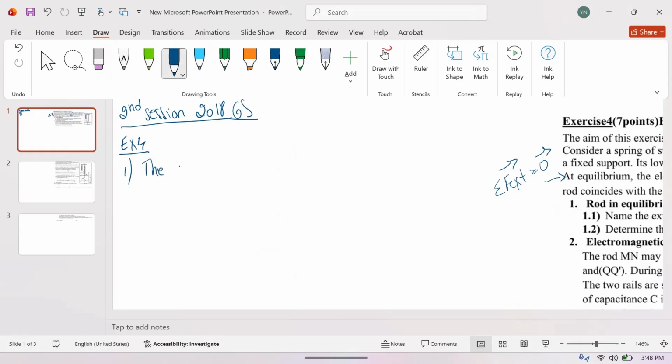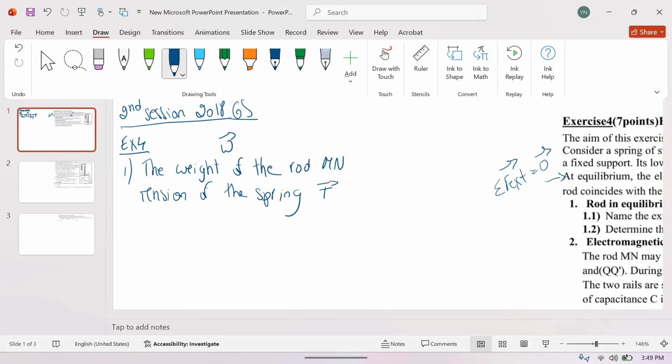The weight of the rod MN, and of course the symbol of the weight is W with a vector, and we have the tension of the spring, which is trying to hold the rod upwards. See.